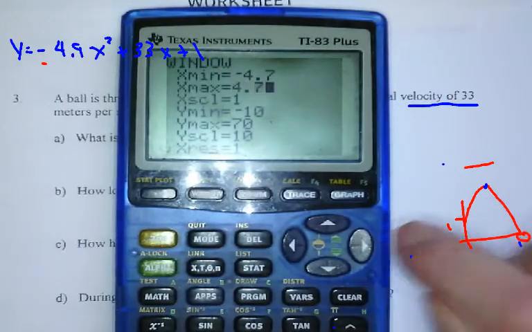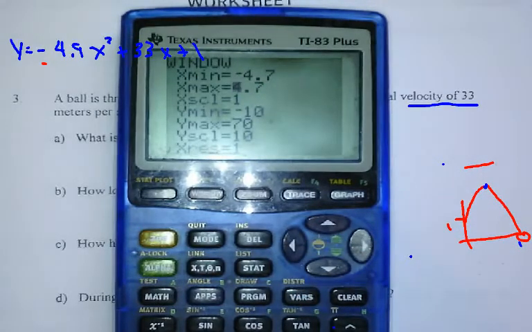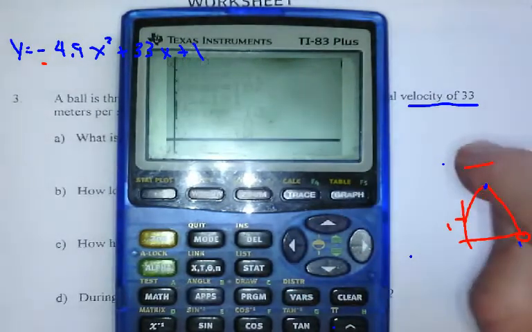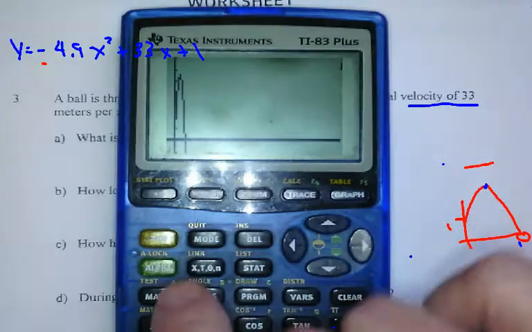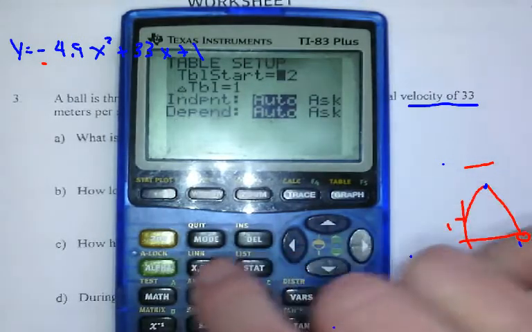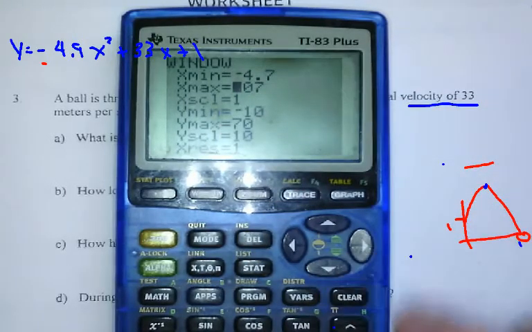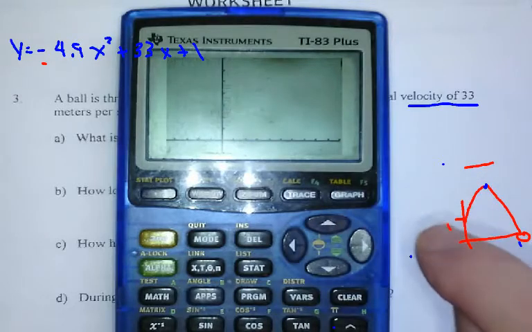Let's make it 10. Let's see if that works. 10 is too far. What did I do? Oh, I made it 107. That doesn't work. Clean that out, and now let's go.